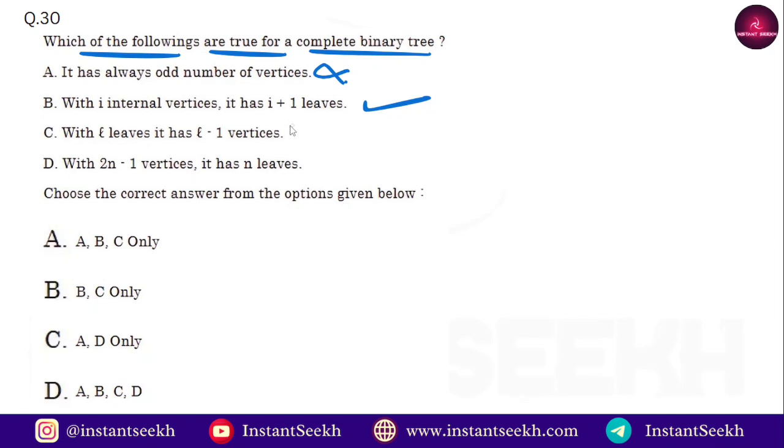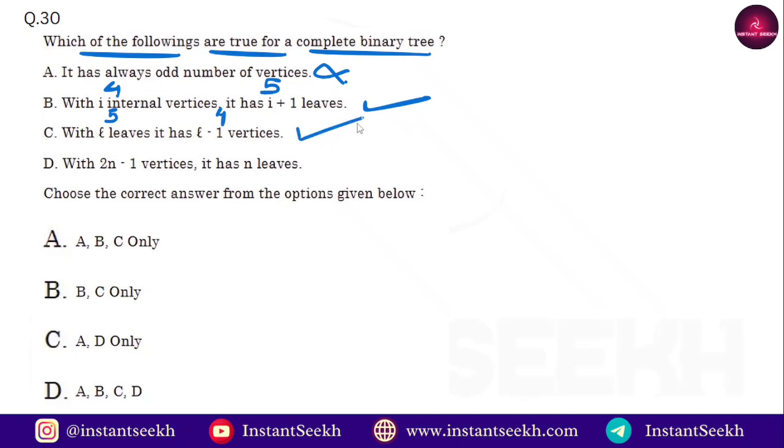Next, with L leaves, it has L minus 1 internal vertices. This is the reciprocal of the above statement. If you have 4 internal vertices, then you have I plus 1, that is 5 leaves. And if I have 5 leaves, then how many vertices will I have? L minus 1, that is 4.